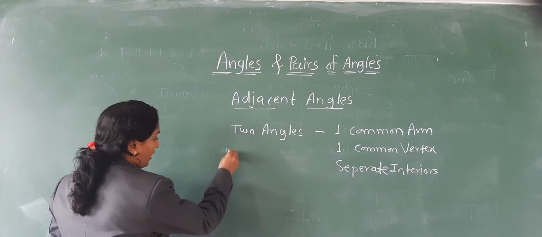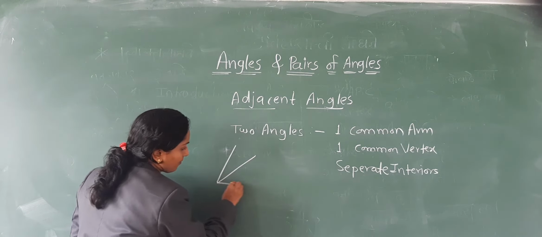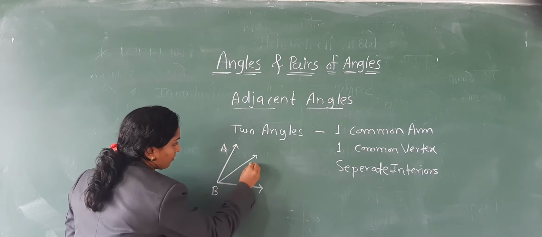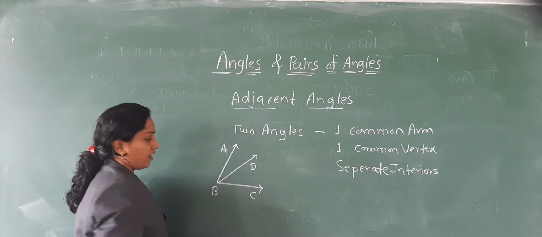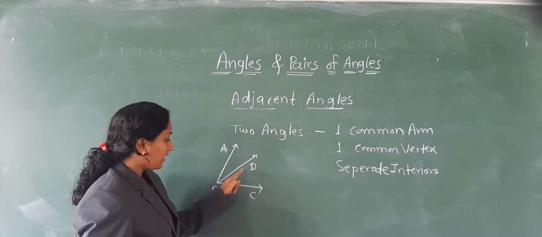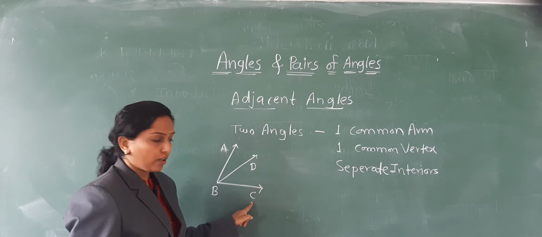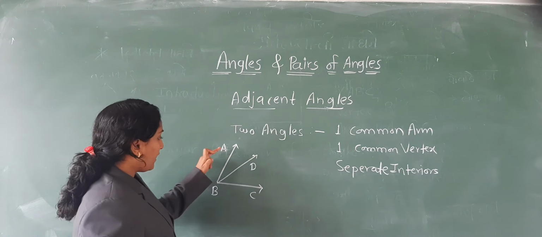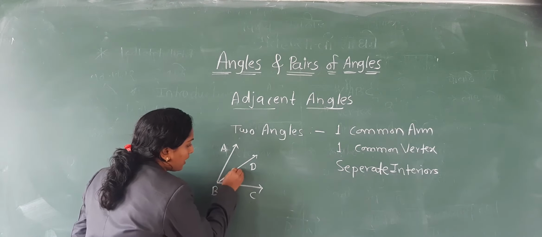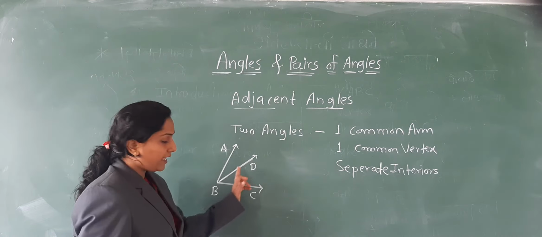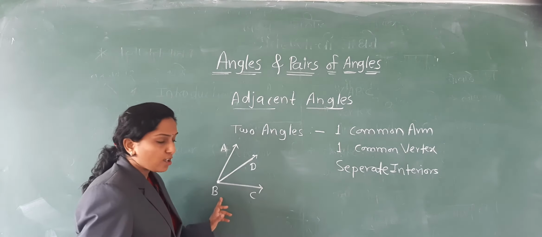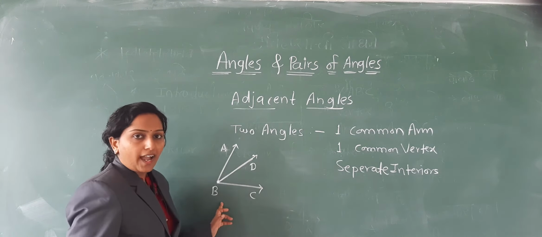Let's draw one diagram. There are two angles, angle ABD and angle DBC. Angle ABD and DBC have one common arm, that is BD. BD is the common arm. Point B is the common vertex of these two angles.